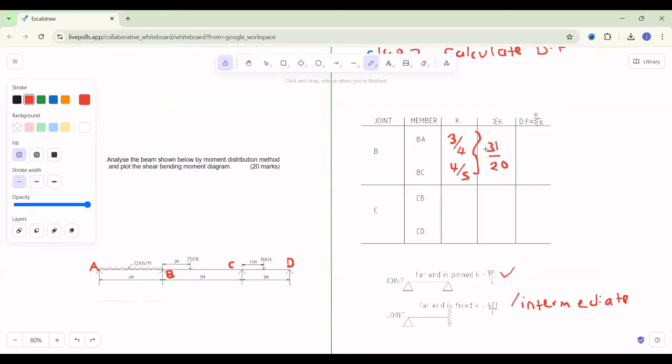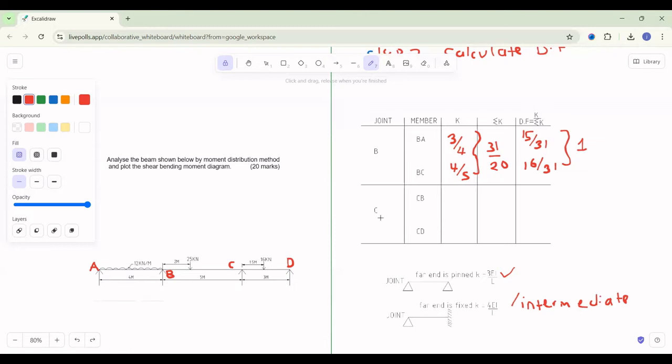So 3 over 4 divided by that, you will get 15 all over 31. And here you'll get 15 all over 31. Remember, these two should add up to 1 always. So the distribution factors at a joint will add up to 1.